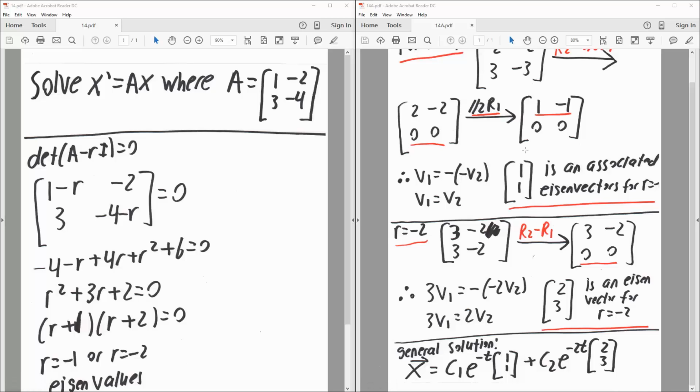Then we do this eigenvector of 1, 1 plus c2 e raised to negative 2t because this eigenvalue was negative 2, so negative 2t, and the eigenvector for it was 2, 3. And so this is our final answer for the general solution. And that's all we need to do for this problem.